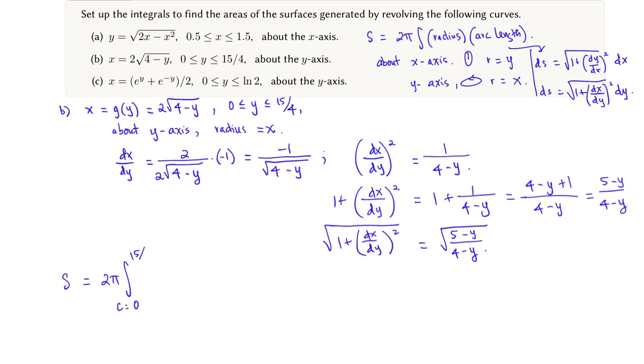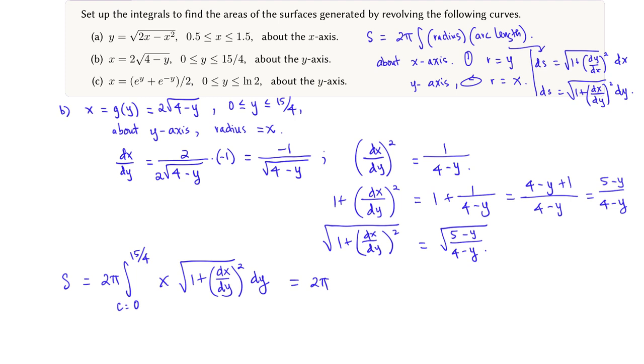The lower limit of integration is 0 and the upper limit of integration is 15 over 4. The arc length is the square root of 1 plus dx over dy squared. But remember, we simplified this earlier. The variable of integration is y, and so we would need to rewrite x in terms of y.